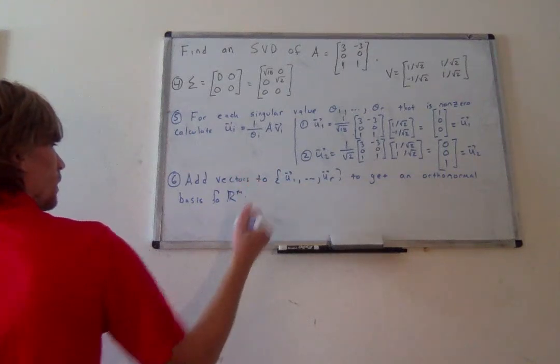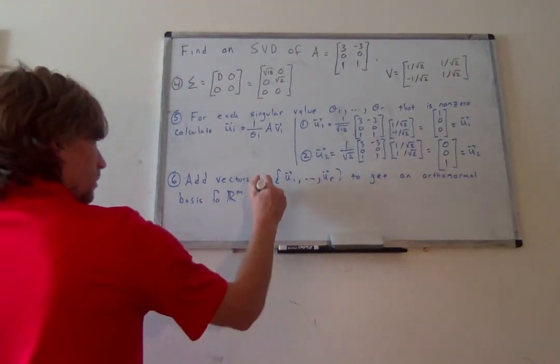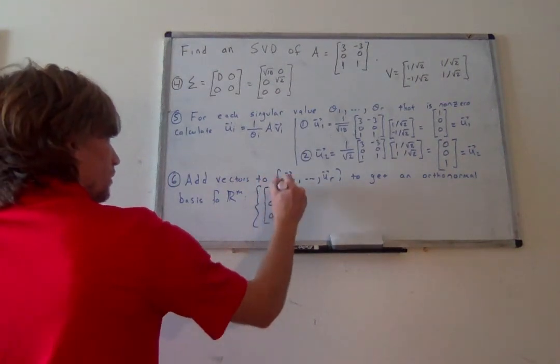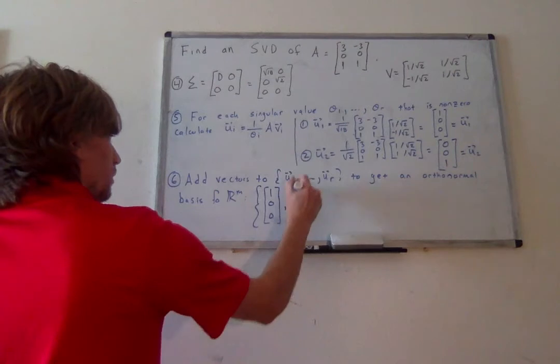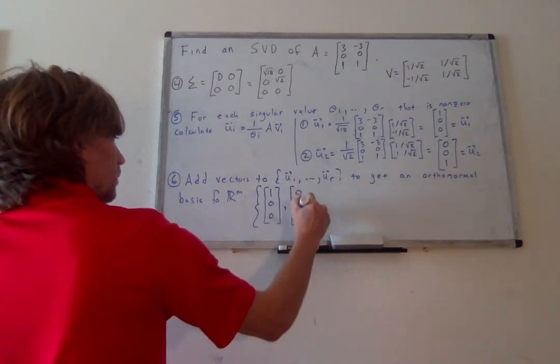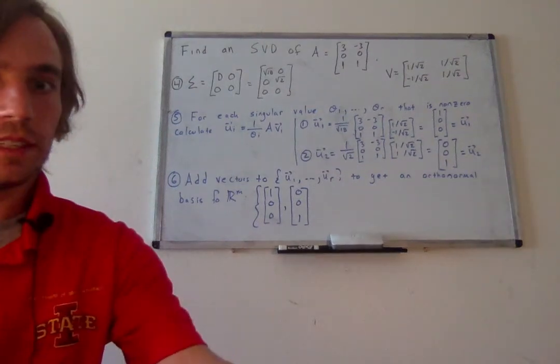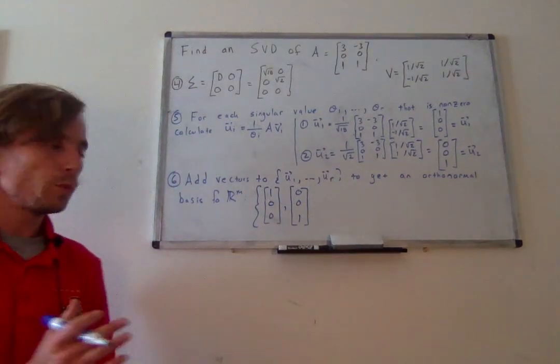So notice right now the set of vectors we have is 1, 0, 0, and 0, 0, 1. Generally in this case, this will require a little bit of guess and checking.